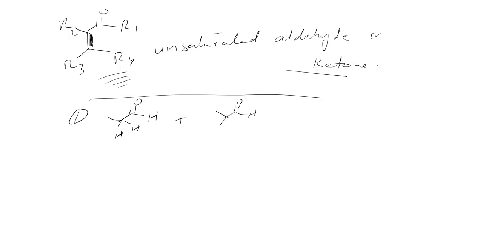This is CH3, CH3 and CH3. The first reactant contains an alpha hydrogen atom, and the second one has no alpha hydrogen atom. In the presence of a base, it will abstract a proton from the alpha position, a carbanion will be obtained, and this carbanion will attack this position.